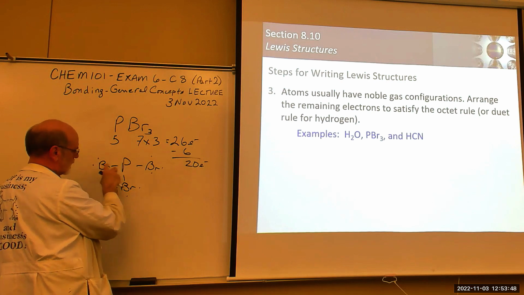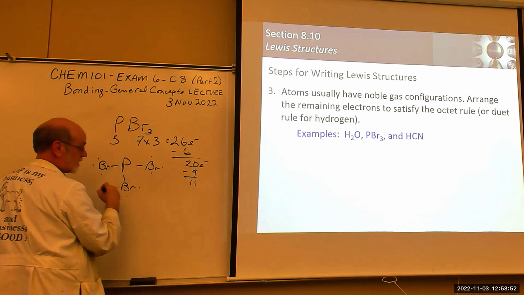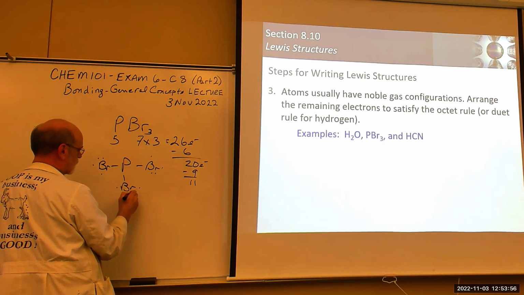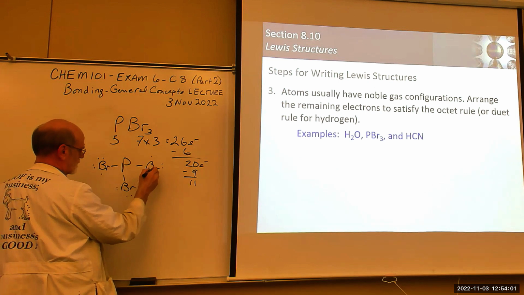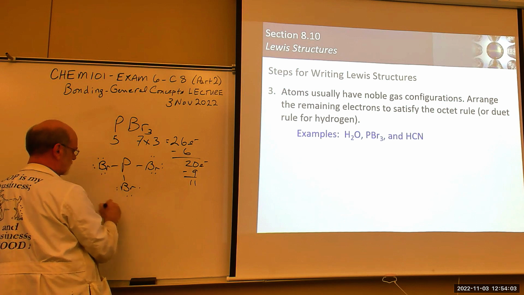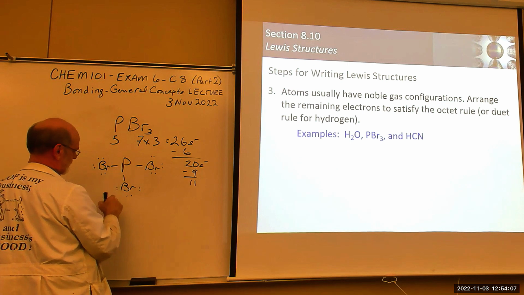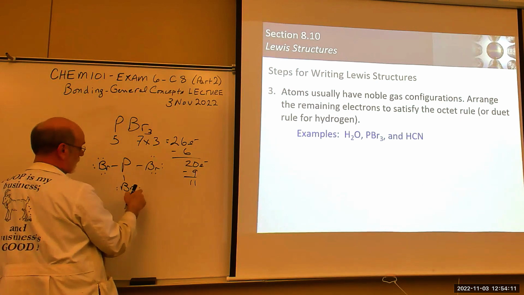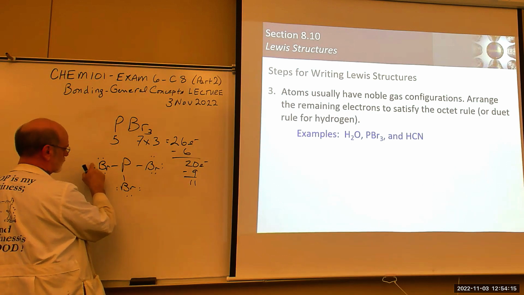So we used up 3, 6, 9. Okay, so again, 1, 2, 3, 4, 5, 6, 7, 8, 9. Right? 2, 4, 6, 8, 10, 12, 14, 16, 18, 20, 22, 24.